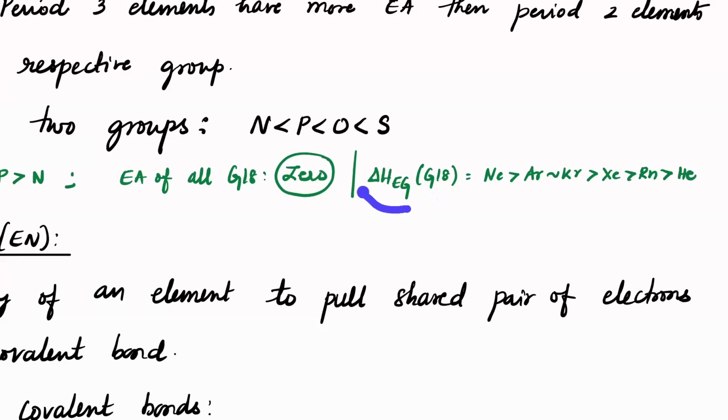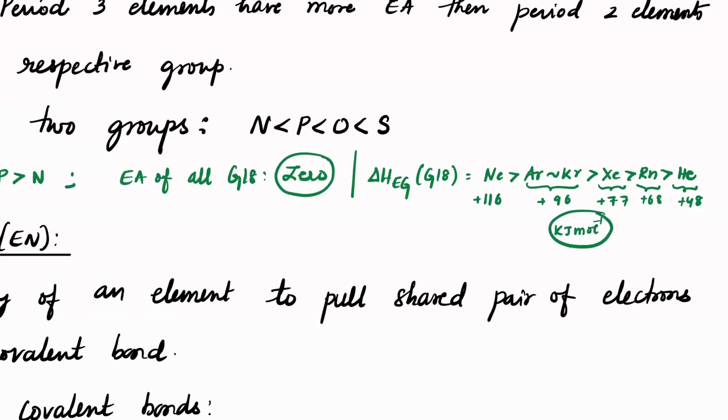Have you noticed something? This is all positive values. I'll give you the values also. This is positive 116. Argon and krypton positive 96. Xenon positive 77. Radon positive 68. And helium positive 48. Correct? These are all in kilojoules per mole.